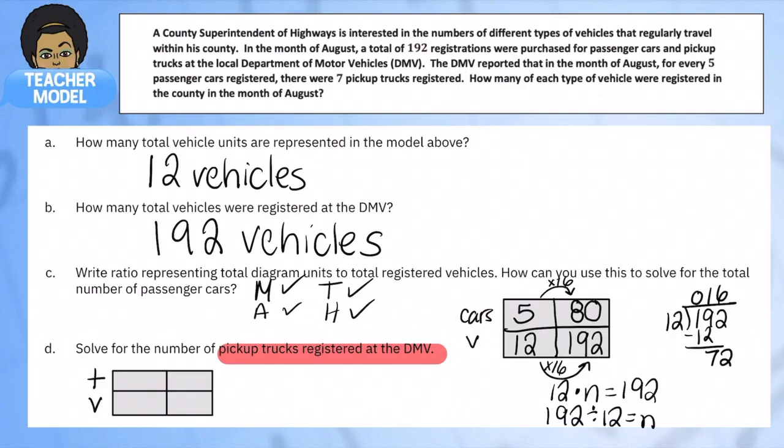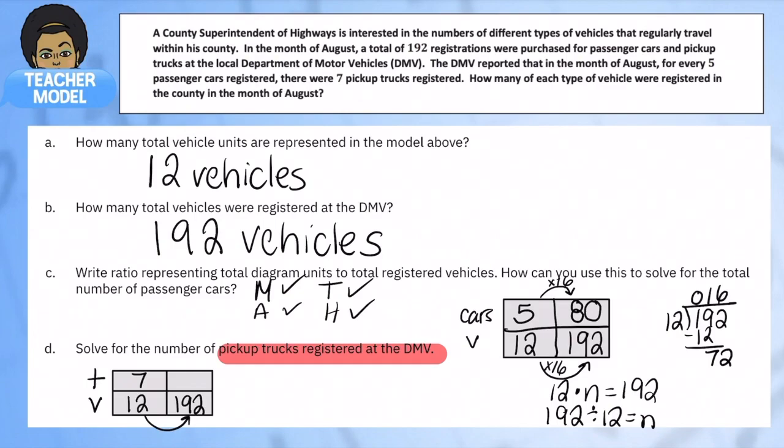So what is our first ratio that we know? We know that when there are 7 trucks for every 12 vehicles. And we want to get to 192 vehicles. So now we've added our numbers. Let's test a pattern. How can I go from 12 to 192?